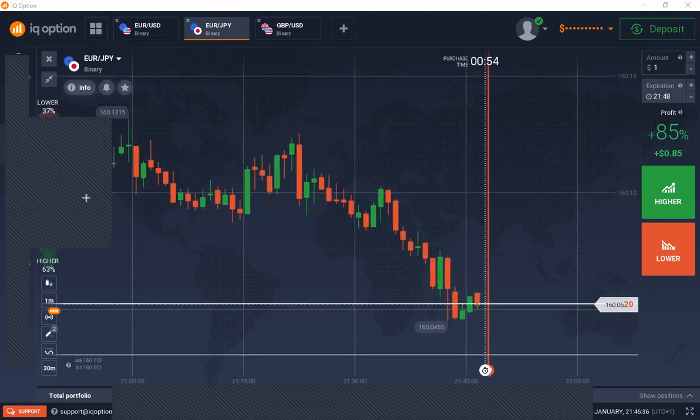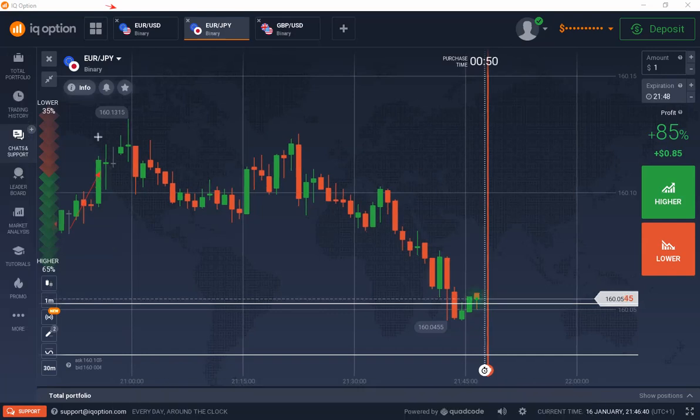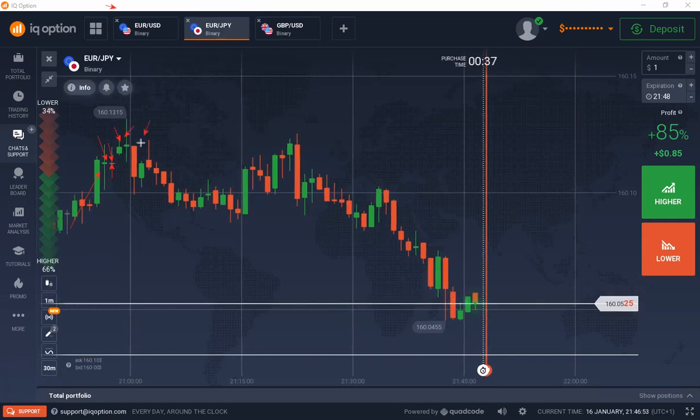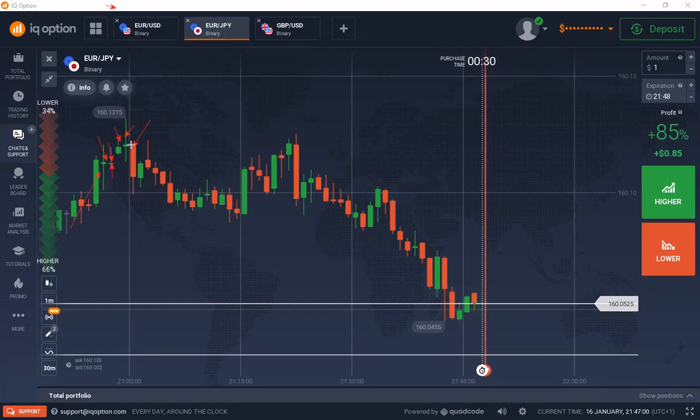Look at this candle. When the market is rising, we have multiple rejections from sellers, also a doji candlestick. Also rejection from sellers. Then finally, we have a strong presence of sellers. It means that from here to here is a resistance.